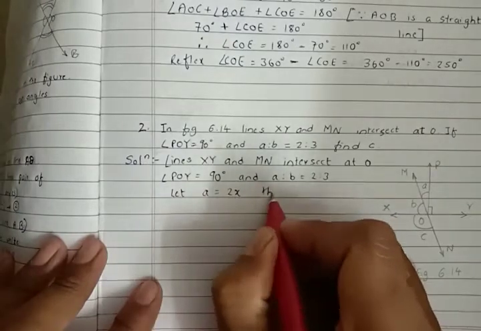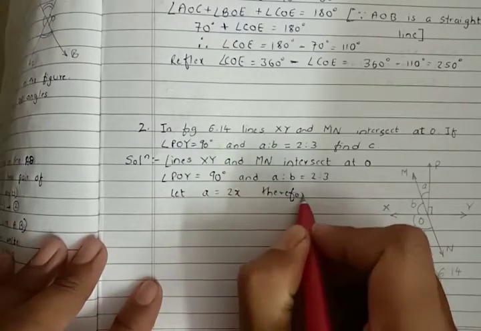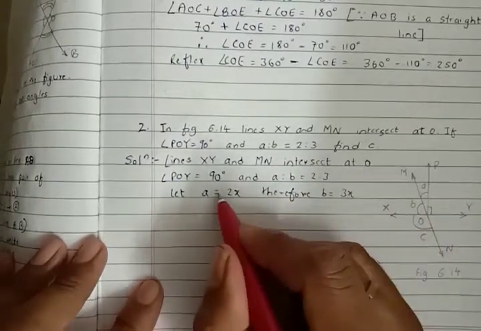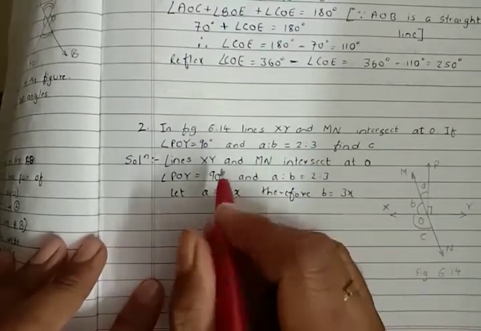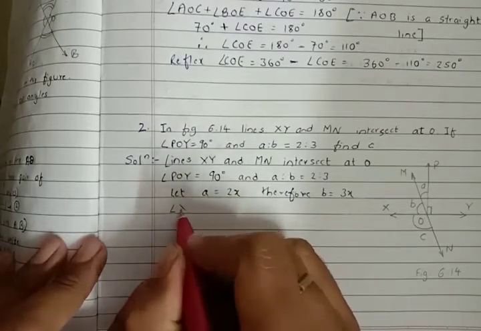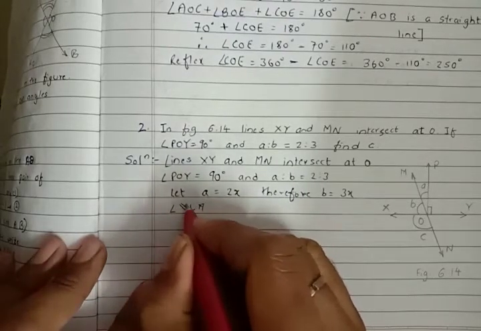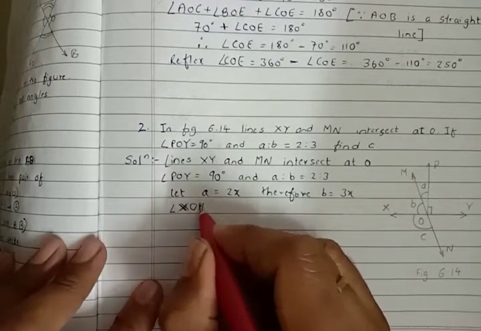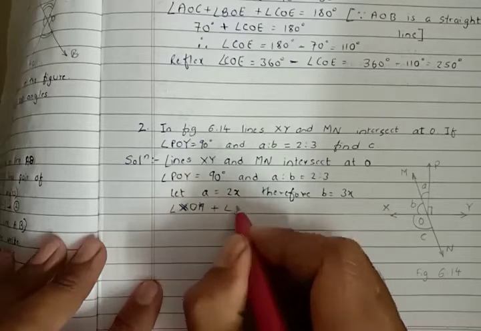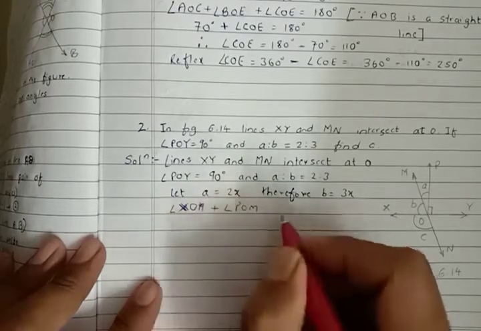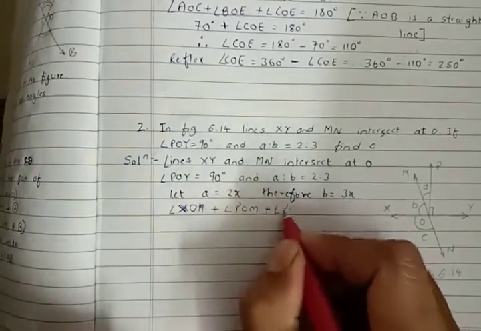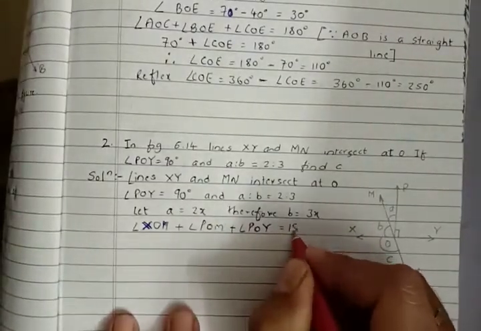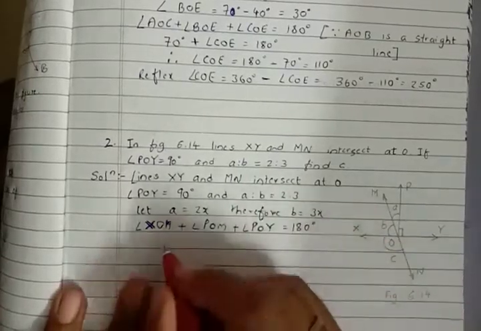We have to assume. Therefore b will be 3x since they are in the ratio of 2:3. Now angle XOM plus angle POM plus angle POY, the sum of all these angles is 180 degrees.